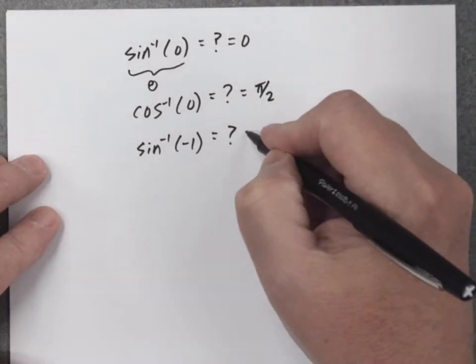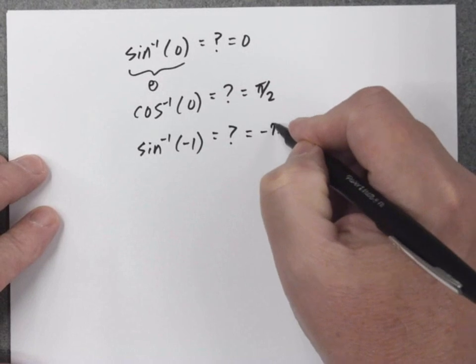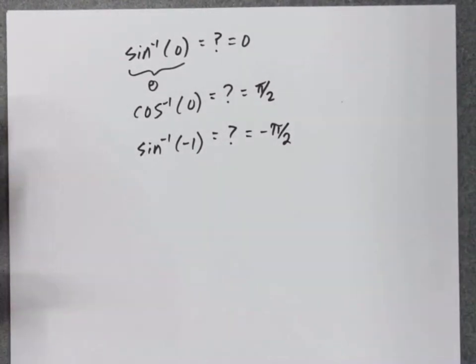We don't say 3 pi over 2. Instead, 3 pi over 2 is really the same thing as negative pi over 2, and that's what we're going to use. So really these inverse trig function problems are going to be pretty straightforward.